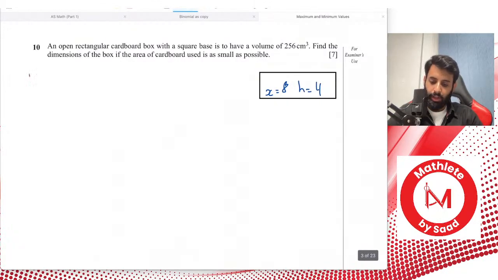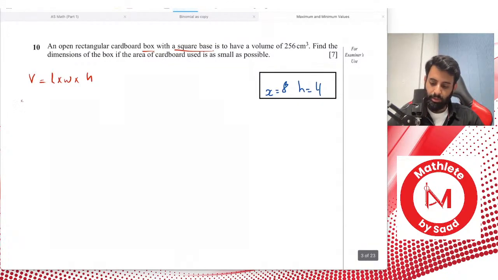Okay, so if you look at a cuboid, the volume of a cuboid is length into width into height. Now this box that we're looking at has a square base.